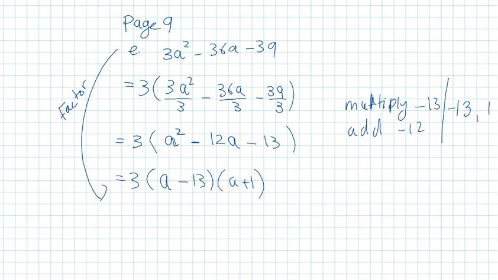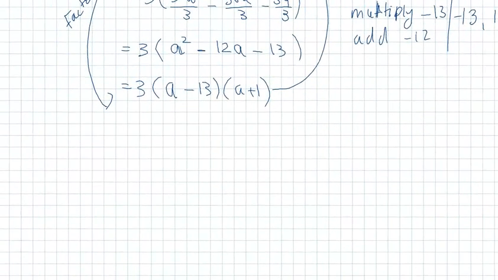So if you want to check your work and you have time on your hands and you have nothing else to do, you can expand. Right? Because expanding, which is the FOIL method, should give you the same answer. So let's try it, just for fun. So, check the work. How do I expand this?